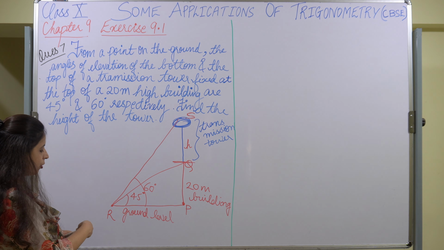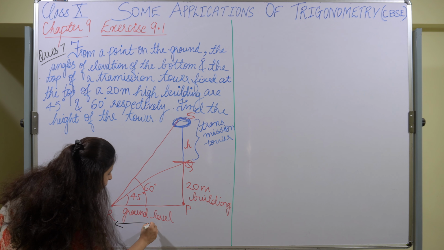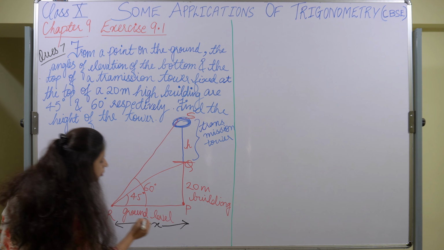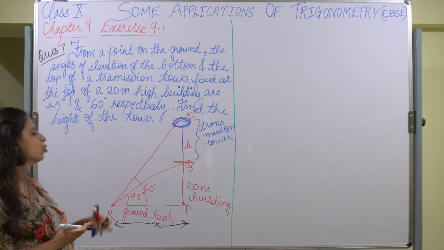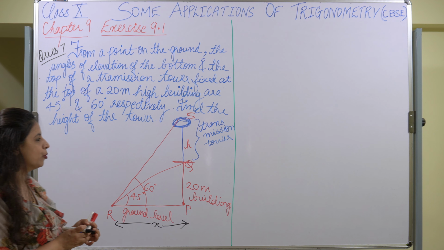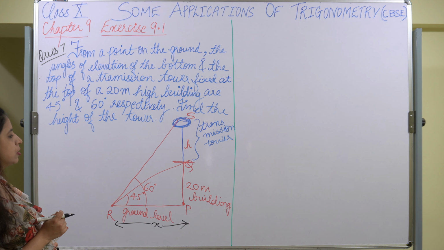Now the ground level distance we also do not know, so let us take some variable X here. We will be applying all the trigonometric concepts and solving for the height of the transmission tower.